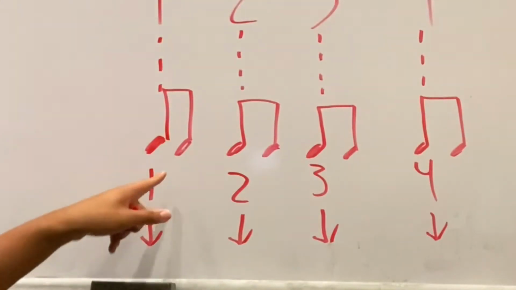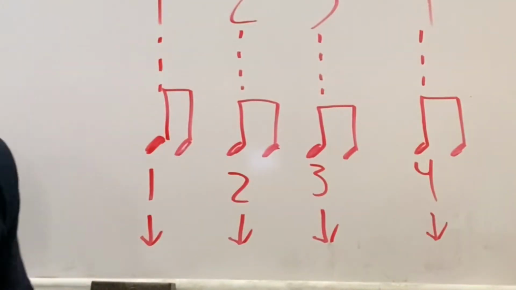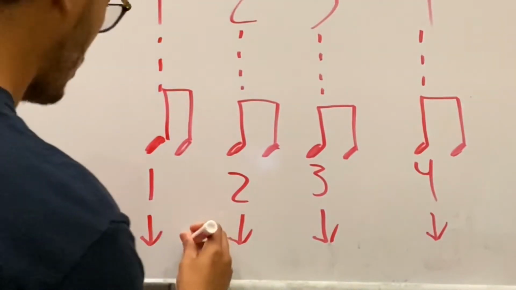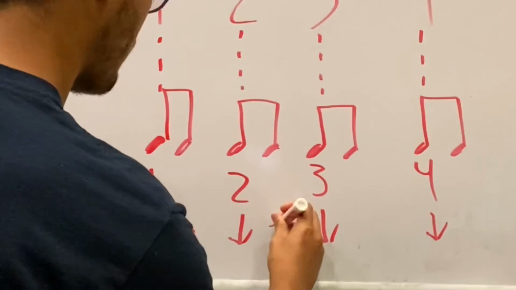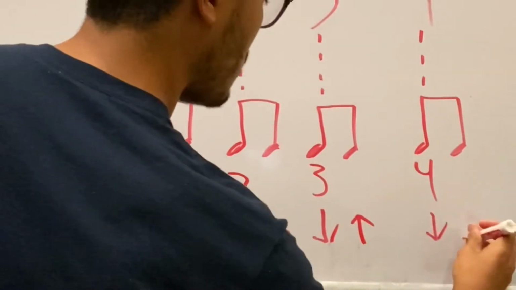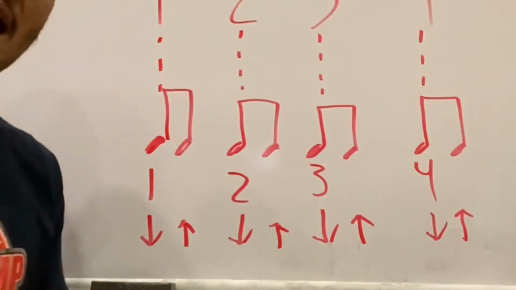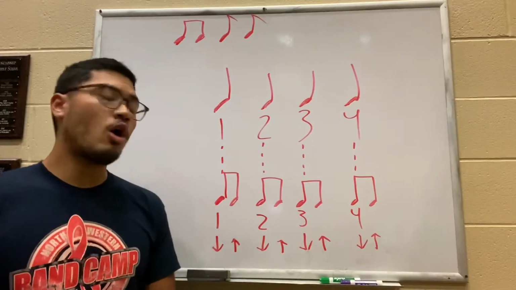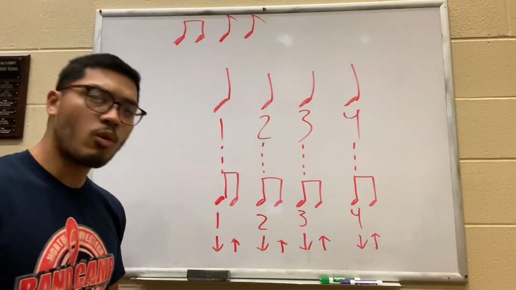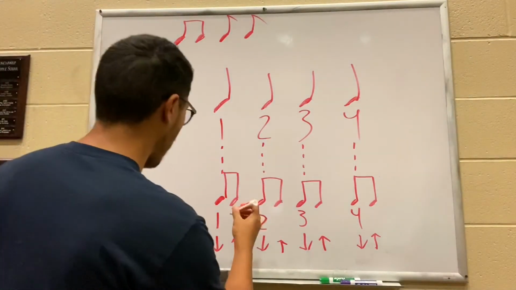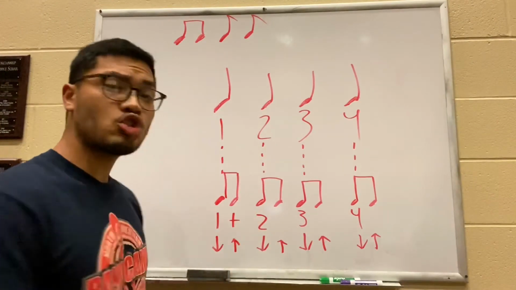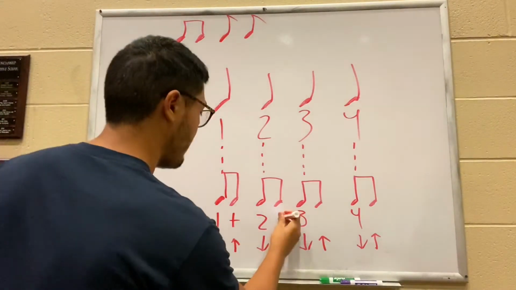But what about this extra note right here? Is my foot going to be down or up? My foot's going to be up for this. So I'm going to put my arrow up for that note. Bada bing, bada boom. So what we're going to call this extra note, we're going to call that our "and." And we're just going to draw a plus sign for these.